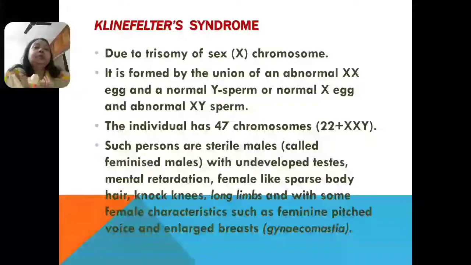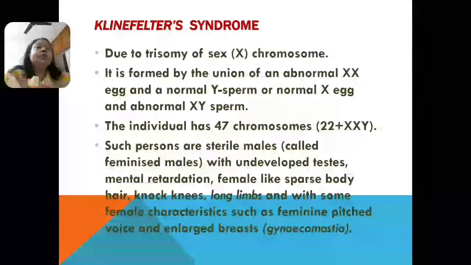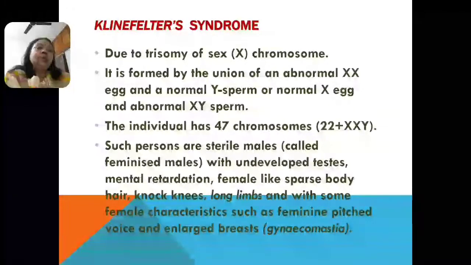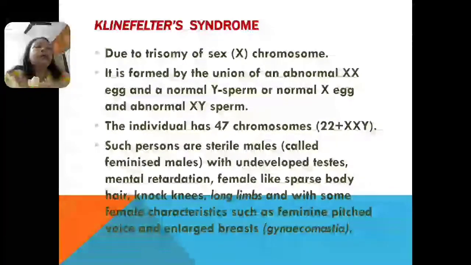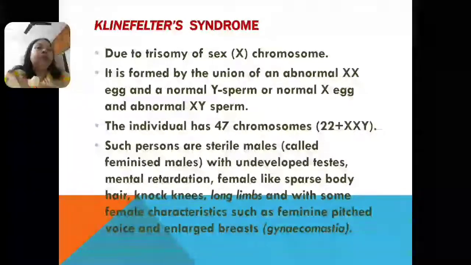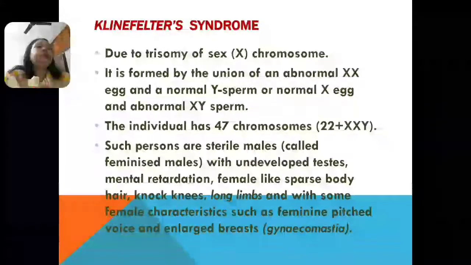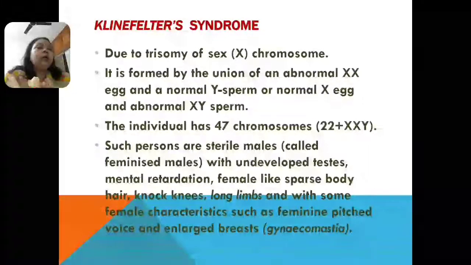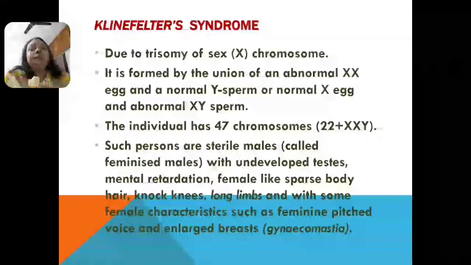Another syndrome, a very common syndromic problem, is due to the trisomy of a sex chromosome, the X chromosome. Trisomy means instead of 2, there is another copy of the X chromosome. It is formed by the union of an abnormal XX egg with a normal Y sperm, or a normal X egg and an abnormal XY sperm.